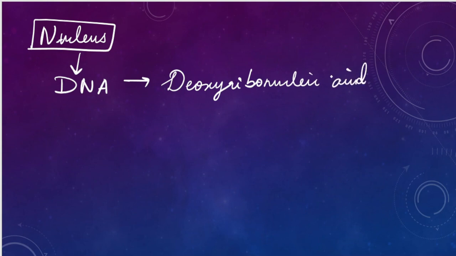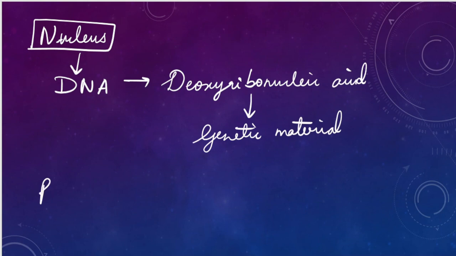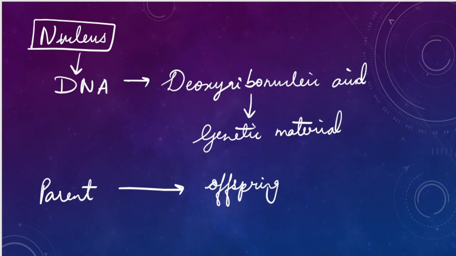So this is a genetic material which carries all the information from parents to the offspring. Offspring is nothing but the next generation.